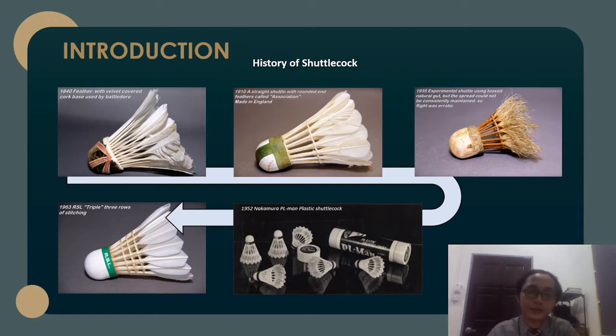In 1952, the first plastic shuttle, named PL-MAN, was produced widely by Nakapura Company in Japan. And in 1963, Azhan Company designed a three-row stitching shuttlecock. Anyway, the current design is still using two-row stitching, made by several companies such as RSL and Yonex.